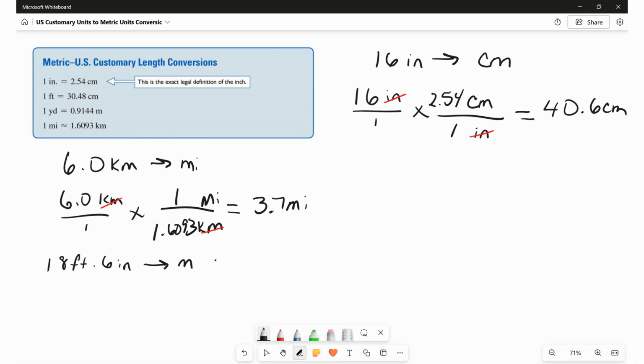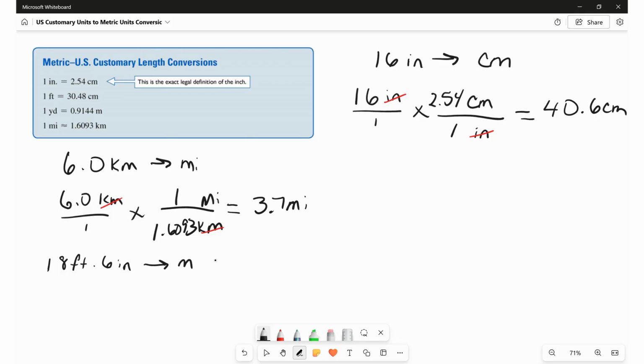One option is to convert it all into inches, then convert it into centimeters, then convert it into meters. That seems like a lot, though. The better way is to take this 18 feet, 6 inches and convert it first into just feet.